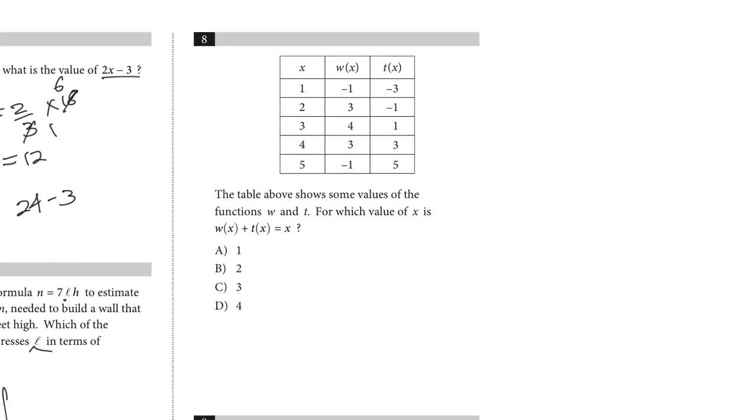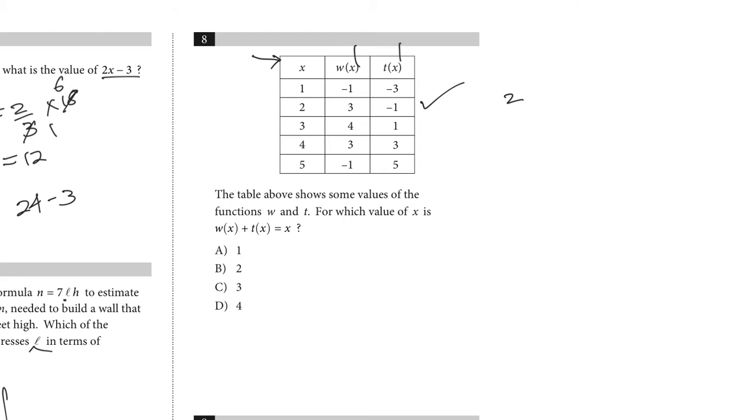Eighth one. The table above shows the values of the functions w and d. For which value of x is w(x) plus d(x) equal to t(x)? Well, that's pretty simple. We basically add these two columns and see if it adds up to the first column. This does make sense because that would give us 2.